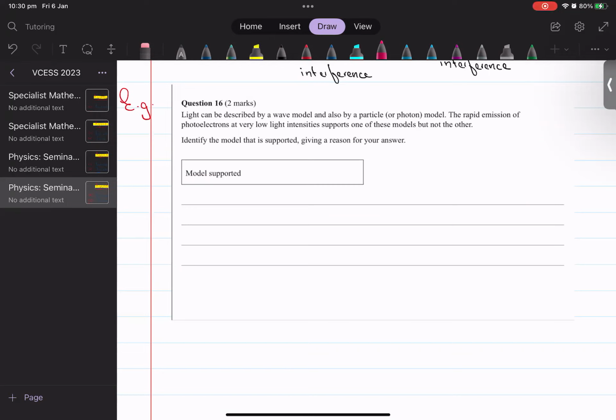We discussed both of these before. The rapid emission of photoelectrons at very low light intensities supports one of these models, but not the other. Identify the model that is supported, giving a reason for your answer. I would encourage you to pause the video, have a little think about it, and then resume when you feel ready. I will give you a few seconds for this.